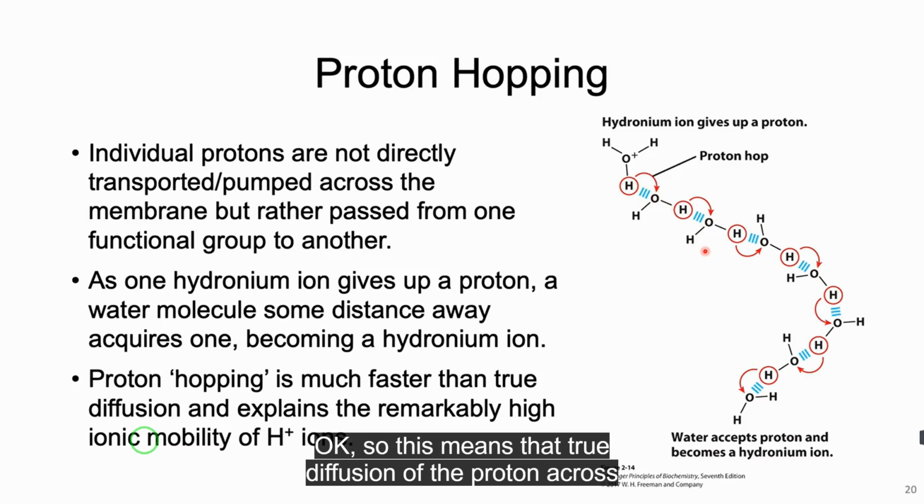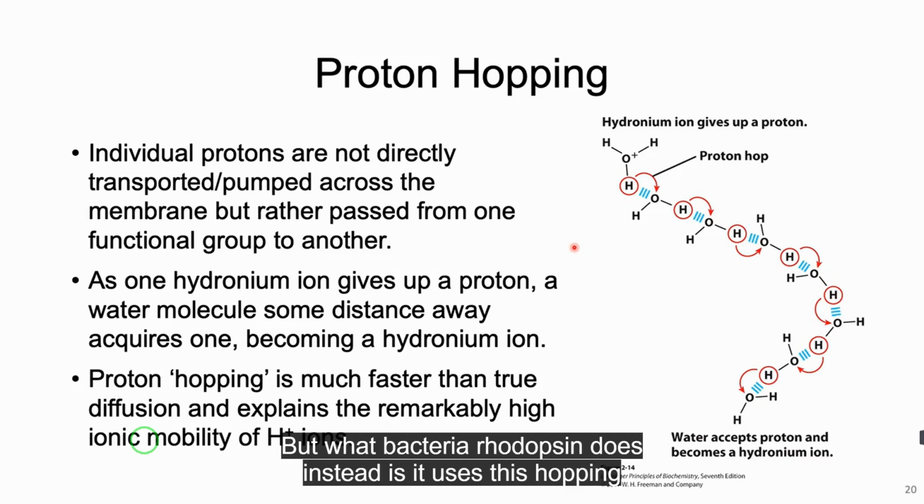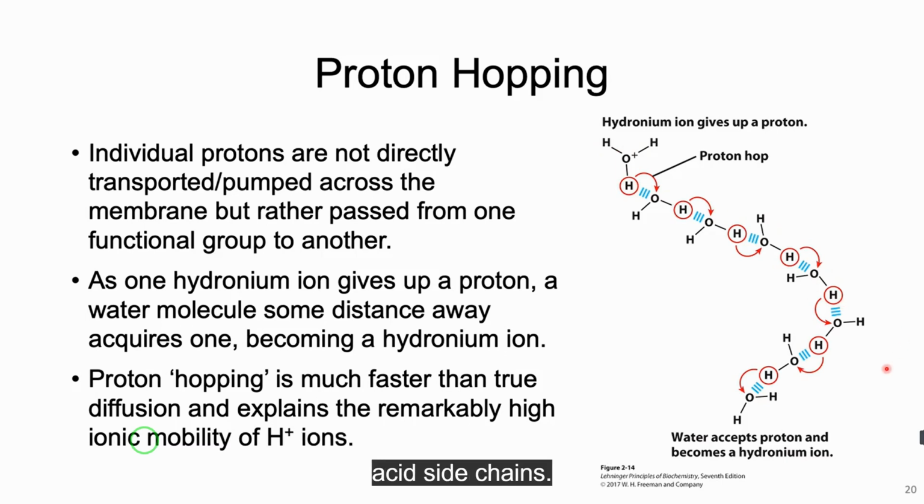Okay, so this means that true diffusion of the proton across the pump would actually mean that the proton that enters the membrane protein is the same one that's exported immediately across on the other side if you were to track it, kind of like what we saw for the potassium channel. But what bacteriorhodopsin does instead is it uses this hopping mechanism to pass a chain of protons through different amino acid side chains.